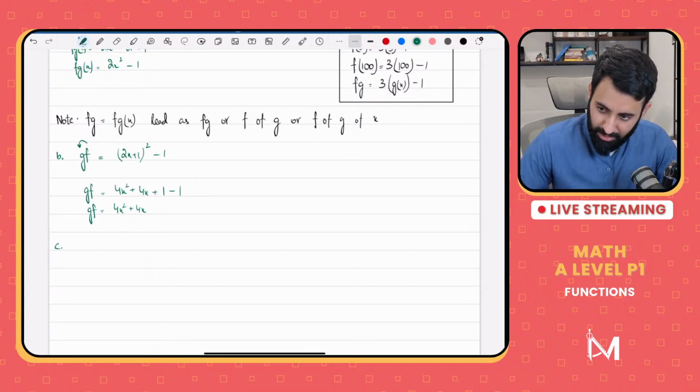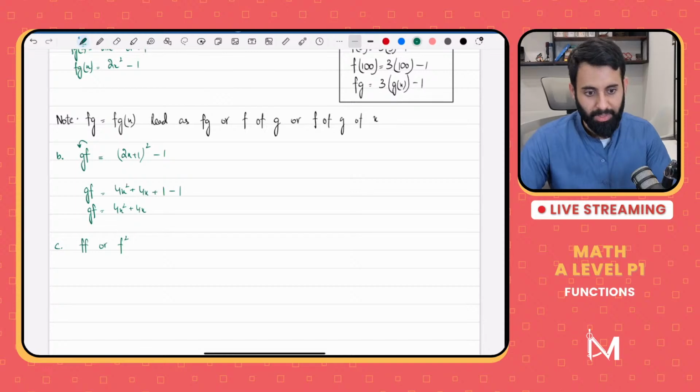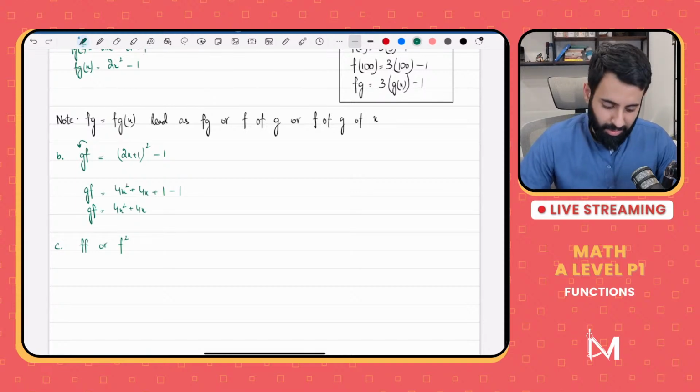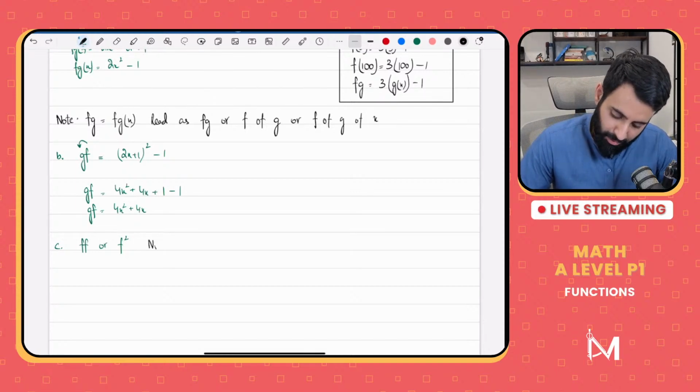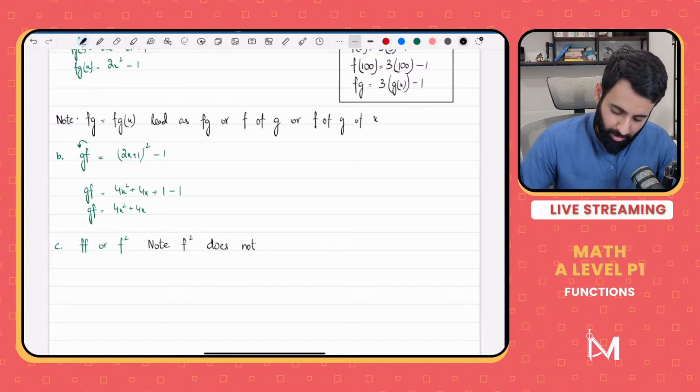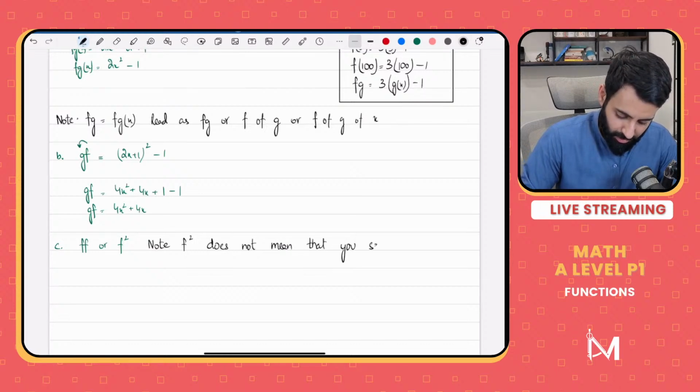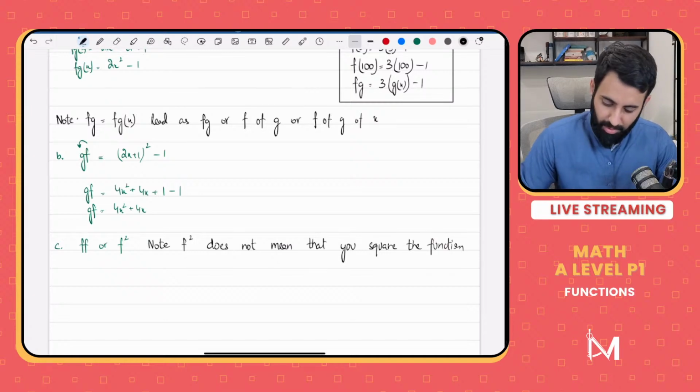Now, let's do another part. Let's say the question says ff, or the question says f squared. Now, an important note: f squared does not mean that you square the function. Instead, you plug in f into f.